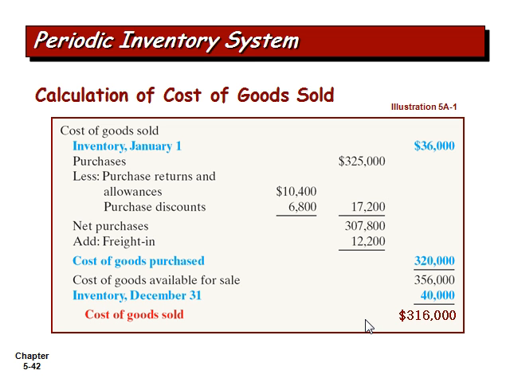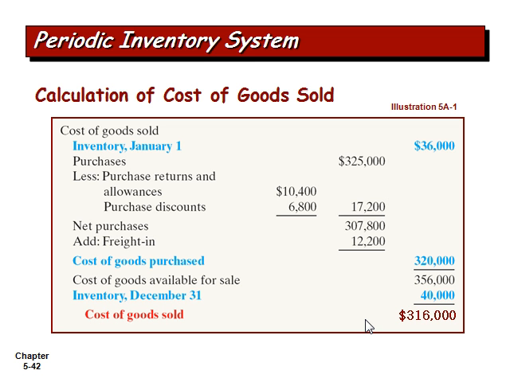So in calculating cost of goods sold, we take our inventory at the beginning of the year, add our purchases, subtract purchase returns and allowances and purchase discounts, and come up with the net purchases. Add any freight that we paid, $12,200 in this case, and that becomes our cost of goods purchased.